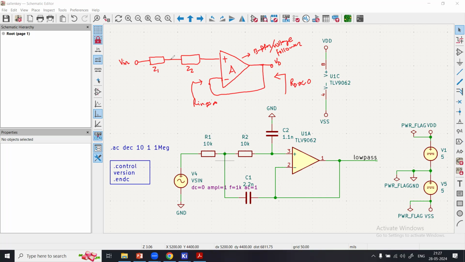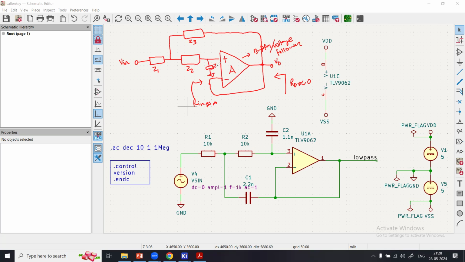So coming back here, I have another impedance here. Let me call it Z3. And right over here, this impedance is connected as shown in the figure. And finally, I want to make sure that I'm connecting the impedance properly. Right. So here I will have an impedance that is connected to the ground.